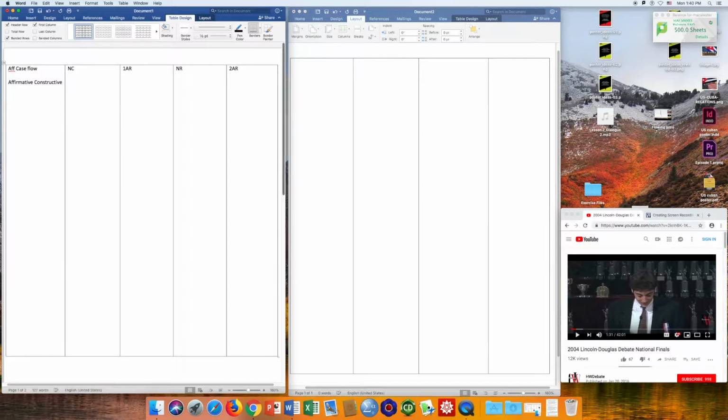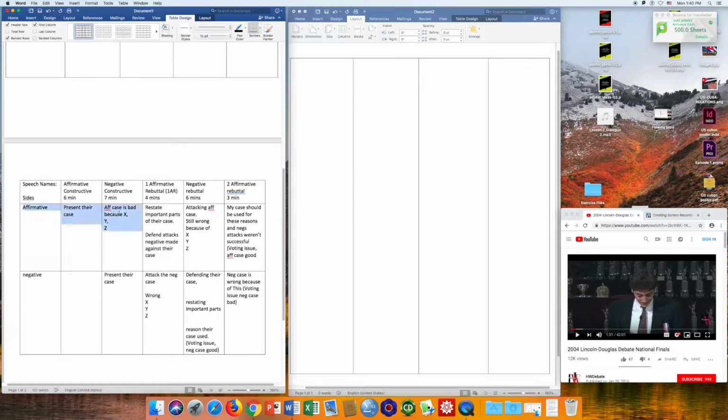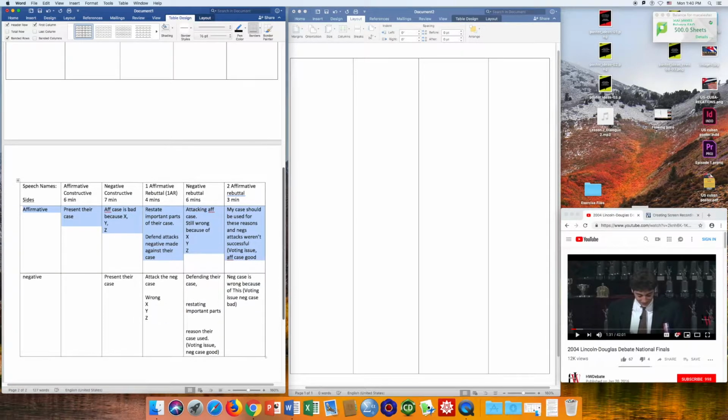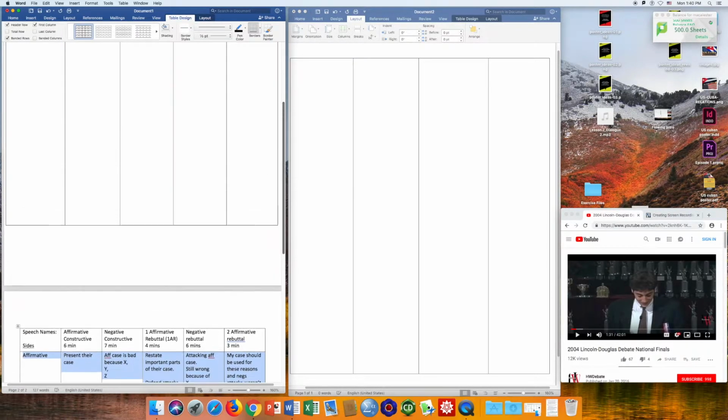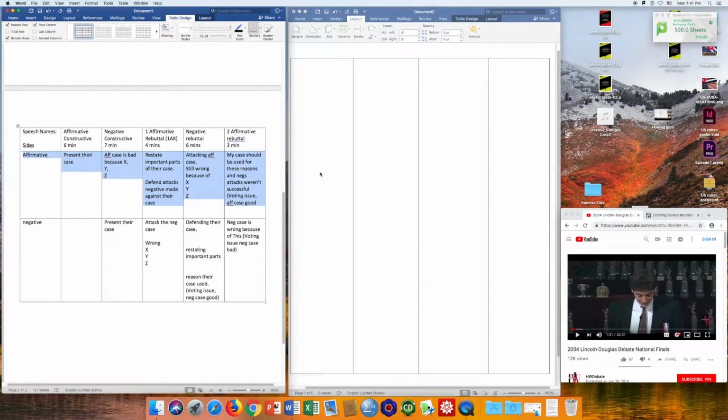So this is exactly what I wrote down here, that it's just this top part of the debate structure, following only the affirmative case. Similarly, the negative case has 4 flows, where the negative presents their case in the negative constructive, the affirmative responds to the negative case, the negative rebuts, and then there's the 2AR.